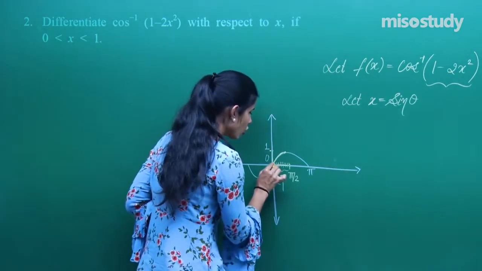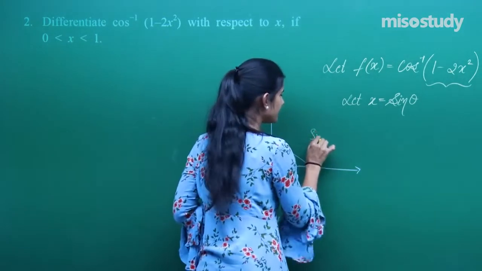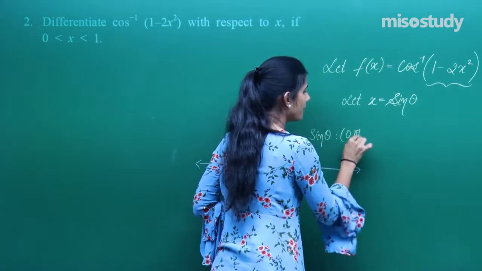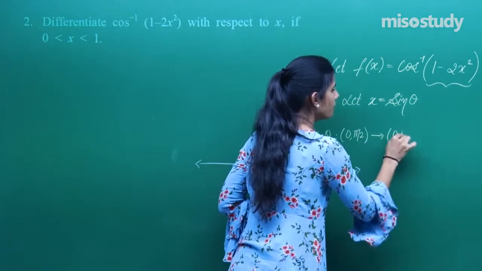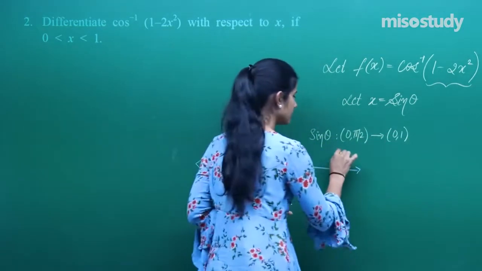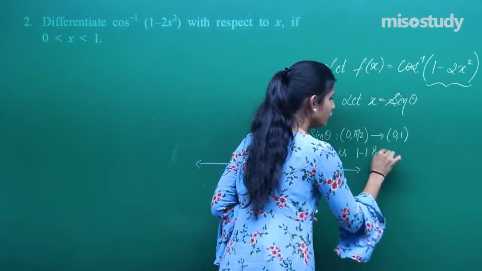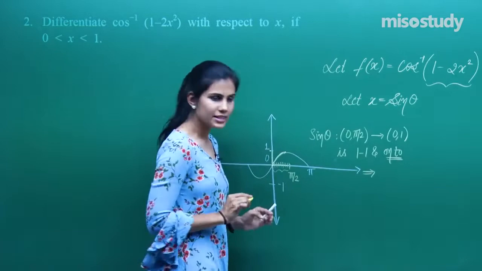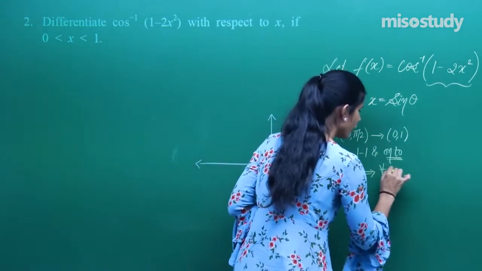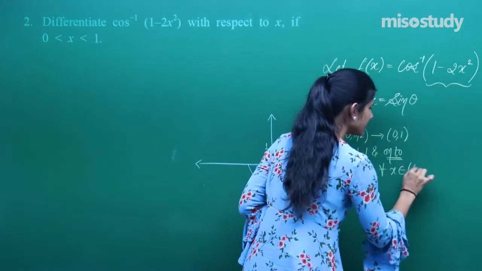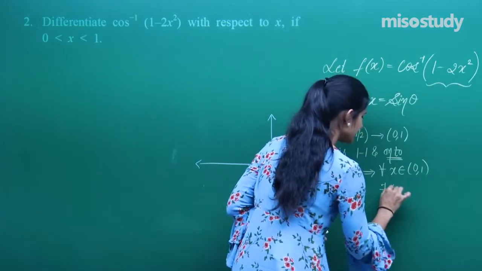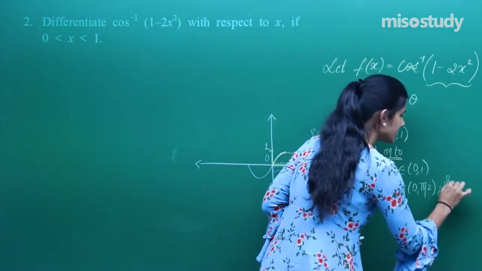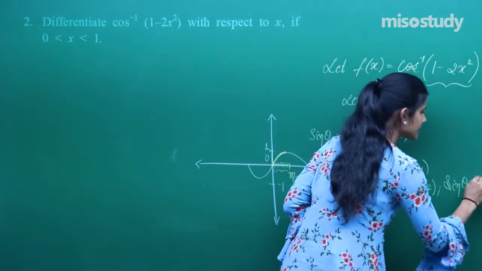That means sine theta from (0, pi by 2) to (0, 1) is one-one and onto. If it is onto, this implies for every x belonging to (0, 1), there exists a unique theta belonging to (0, pi by 2) such that sine theta is that x.